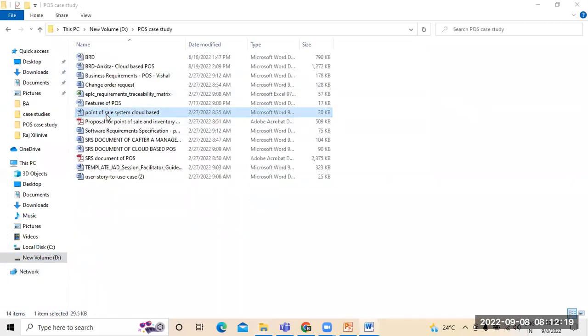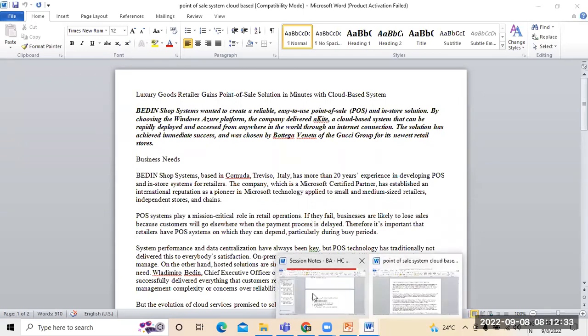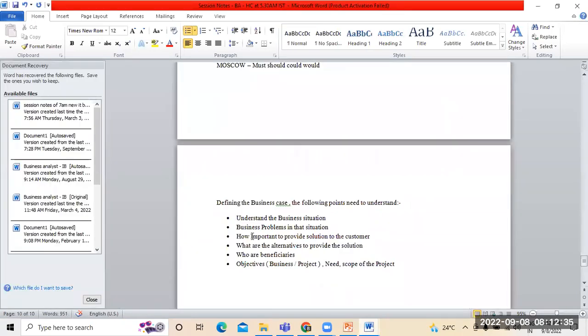Whatever case study I am showing you now, I'll give you a brief idea of what exactly this case study is all about. Then I will be explaining the points which I have mentioned here in relation to that.